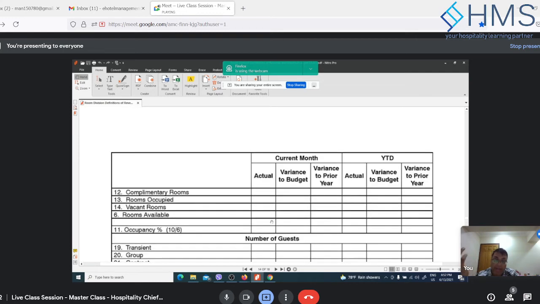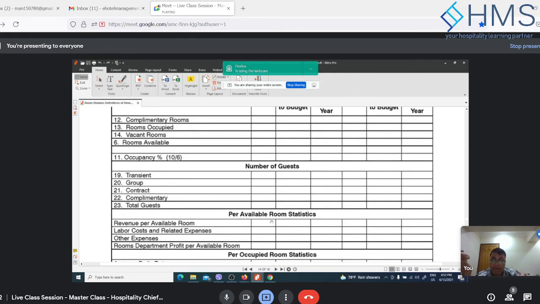And then you have number of guests, which is also segregated into transient, group, contract, complimentary, and total guests. These types of reports sometimes are generated automatically by the PMS, or it may not be included in the PMS directly, but you may have to calculate these reports separately, and these reports will form part of your financial operating package, which goes together with your reports.